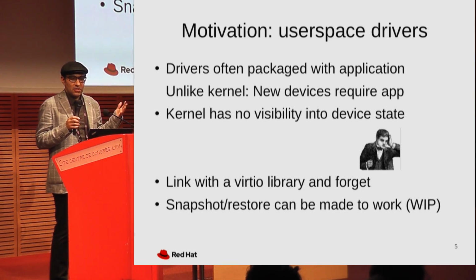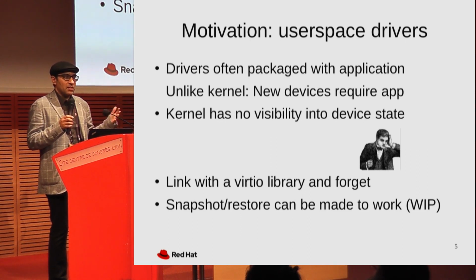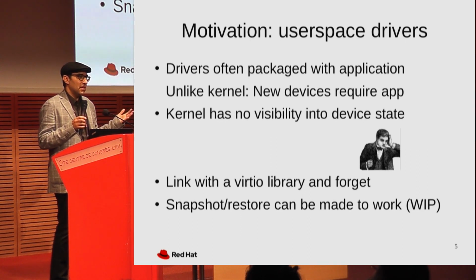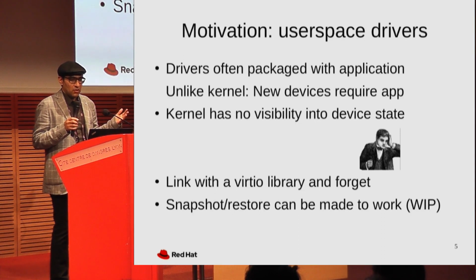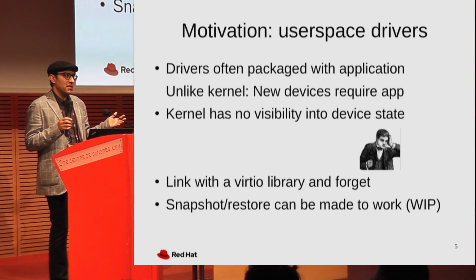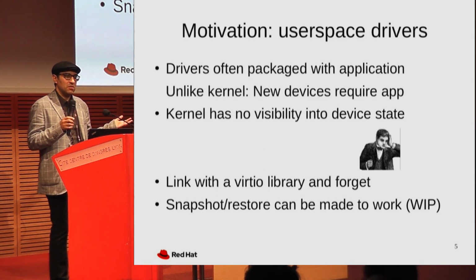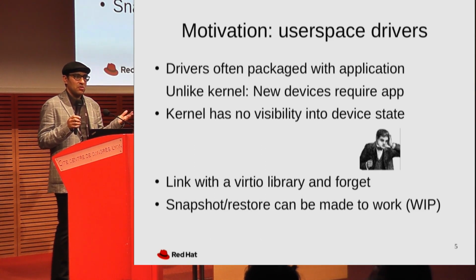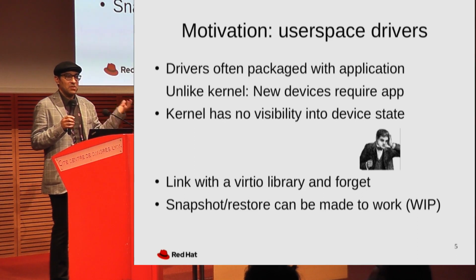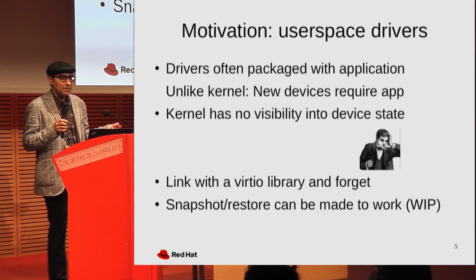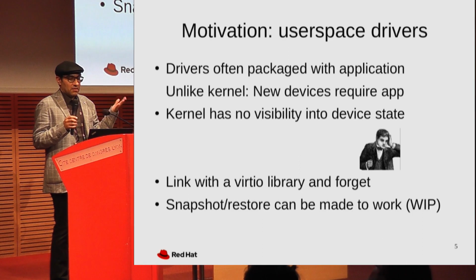And also, kernel really has no visibility into the state of this device. So normal things that you can usually do with user space, like snapshot and restore, also don't work because there's no way to save the state to enable and then restore it later. And if you have a standard interface, that solves it.